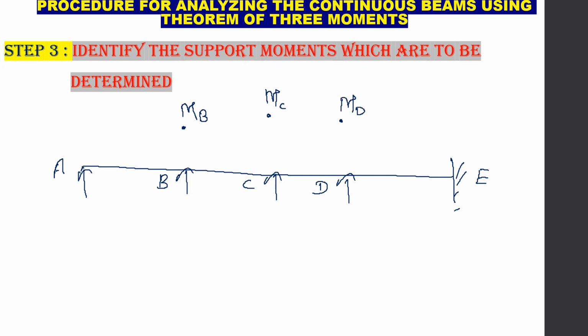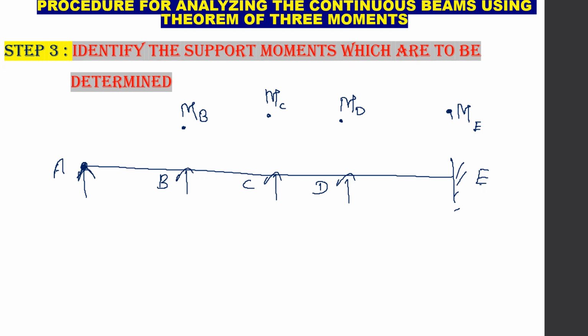End supports, if the end is a fixed support, will have a moment. Here E is a fixed support, so we will have a moment ME. But the end support A is simply supported, so the moment will be equal to 0.